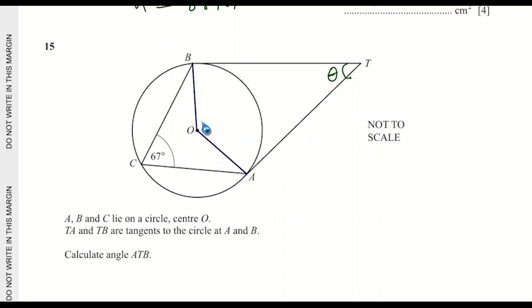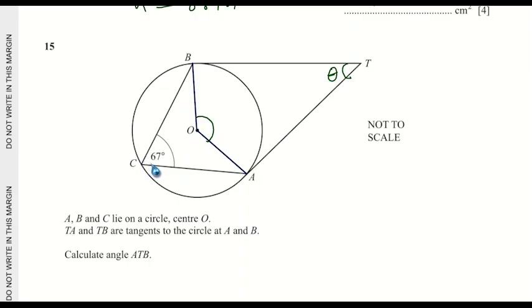Now you see that this angle here, angle AOB, will be the reflex here. This obtuse angle is the angle at the center, and it is twice the angle at the circumference.